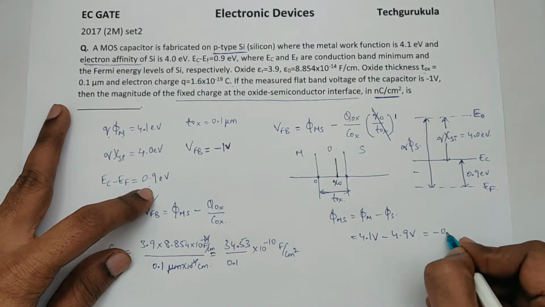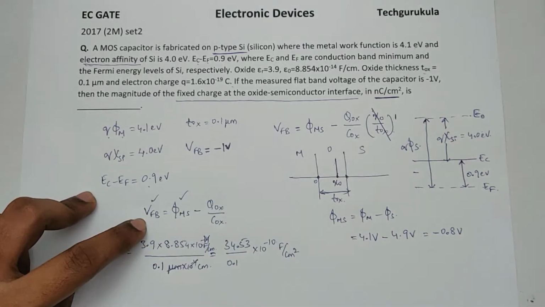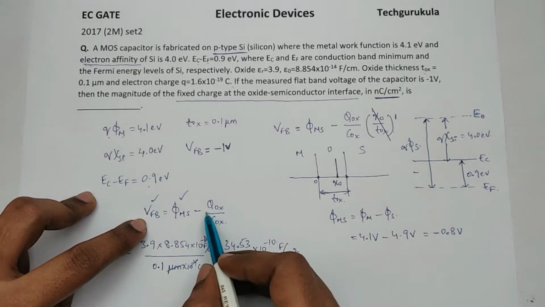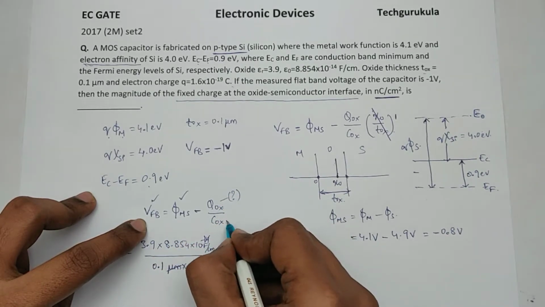So phi ms is minus 0.8 volts. Now in this formula we have phi ms, and we need to find Qox; Cox is also known.